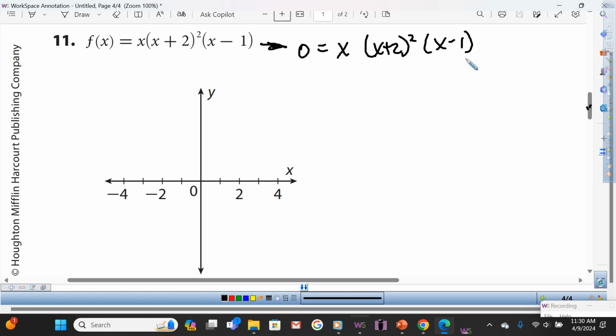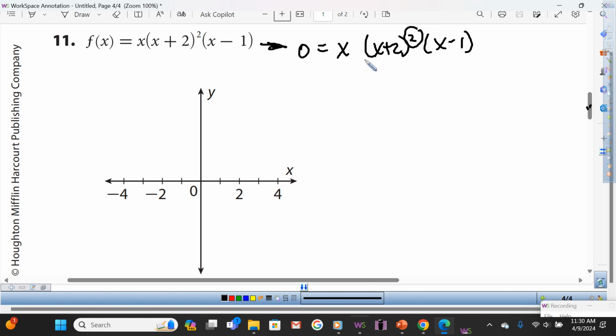Tell your neighbor the next step before passing it on. Close. Now, this is where I wanted to address. Look up. This one is squared.